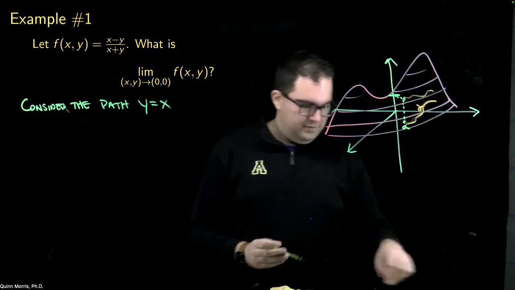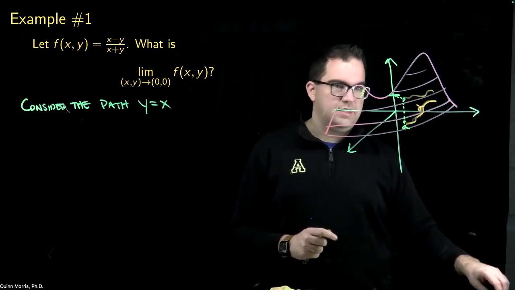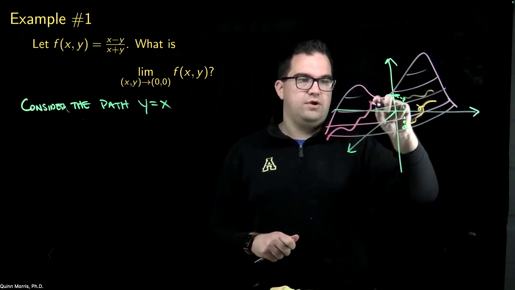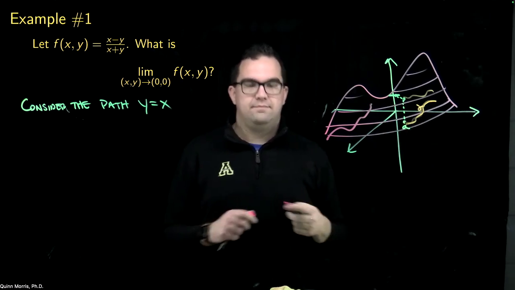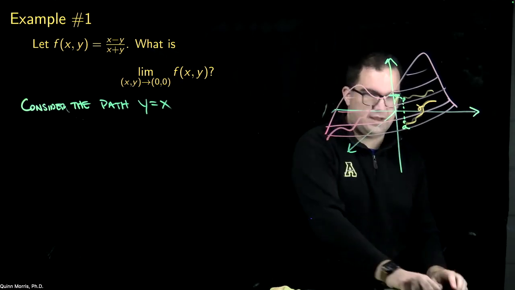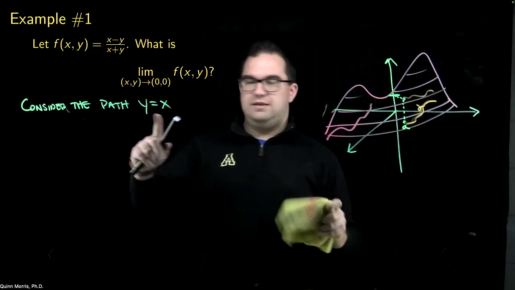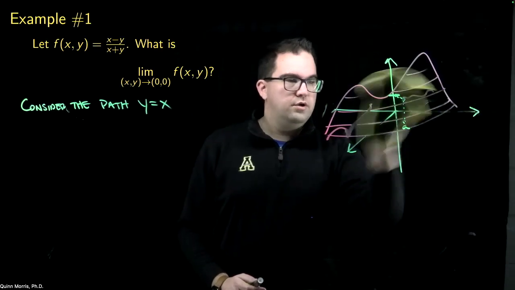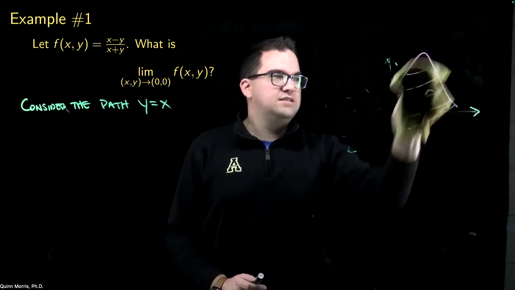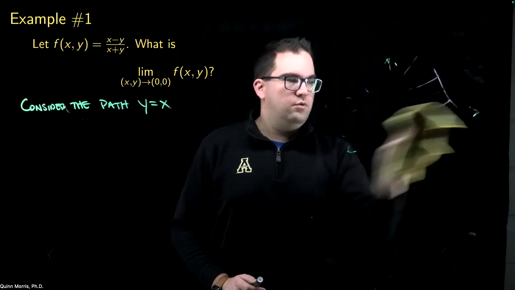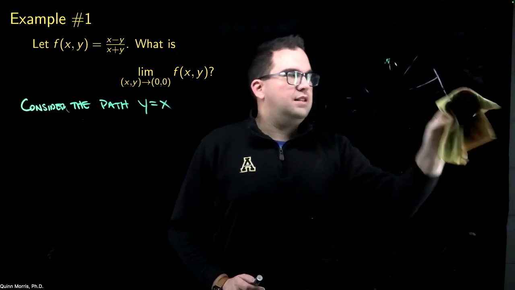Otherwise, back to this picture, if I was just looking at some path over here that never passed through the point A, that wouldn't tell me anything. So I need to look at paths that go through (0, 0) in this case. And y is equal to x is a nice, simple, convenient one. So let's see what happens.